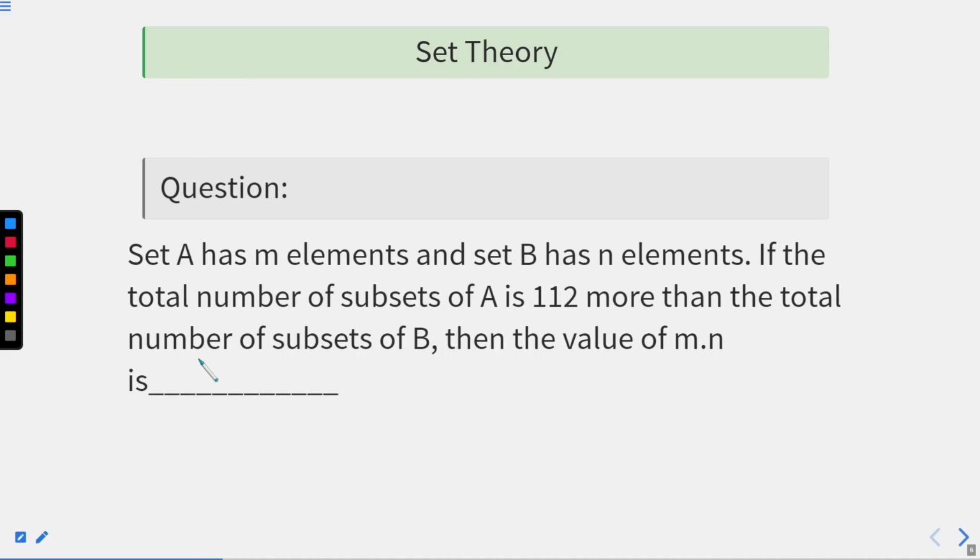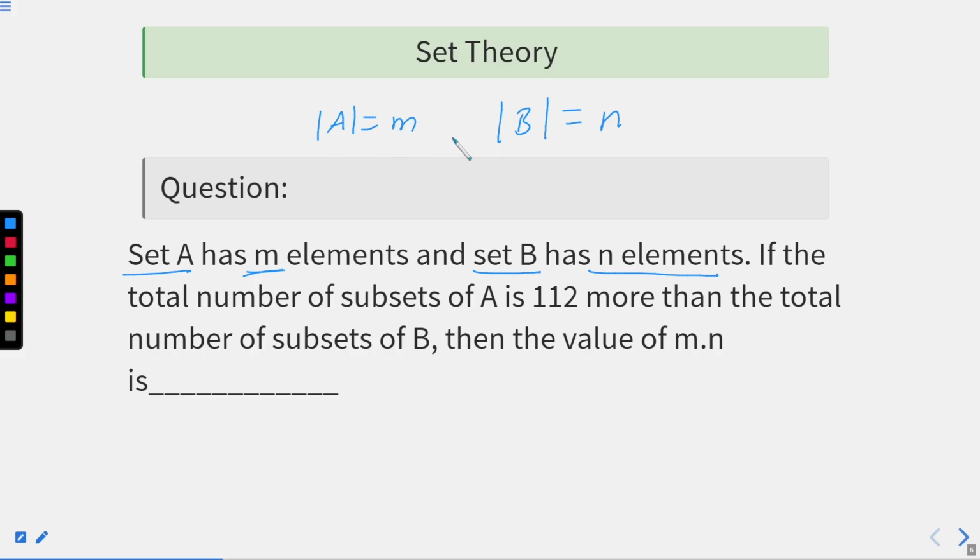So what does the next question say? Simple. The next question says, if we have a set A having M elements, so the cardinality of A is M. Simple. The set B is given, and the cardinality is N. No problem.